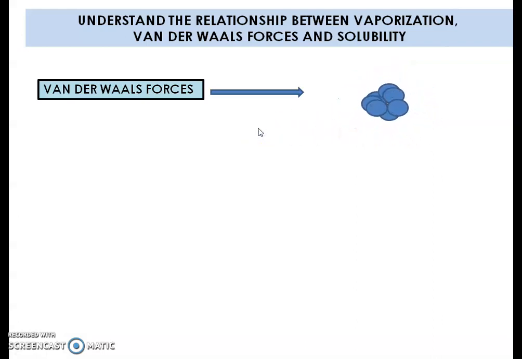These molecules tend to come together and there will not be any space in between, and they will not allow any other molecule to enter in between. For solubility, the solute molecule must enter the cavity between the solvent molecules. But as the van der Waals forces are very high, the solute will not be able to enter this cavity of the solvent.